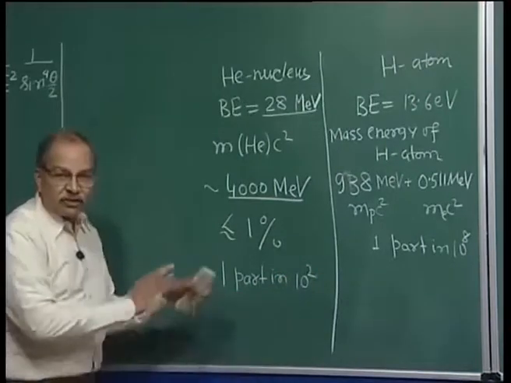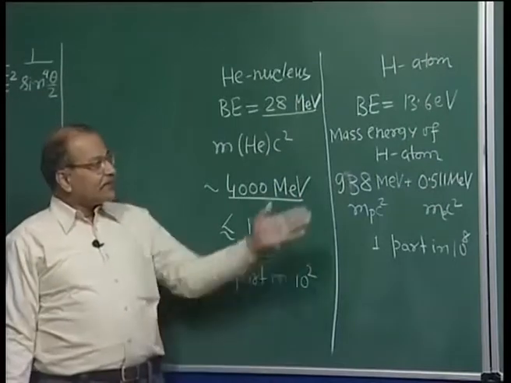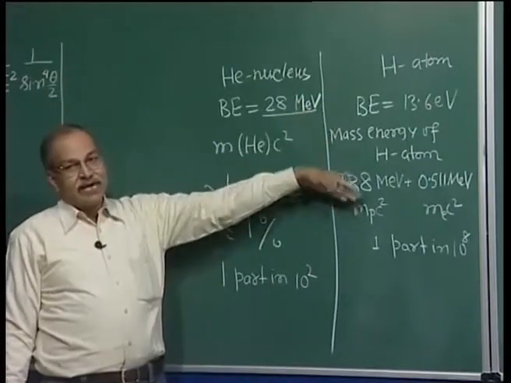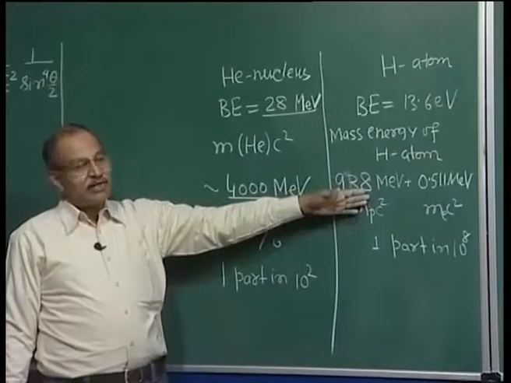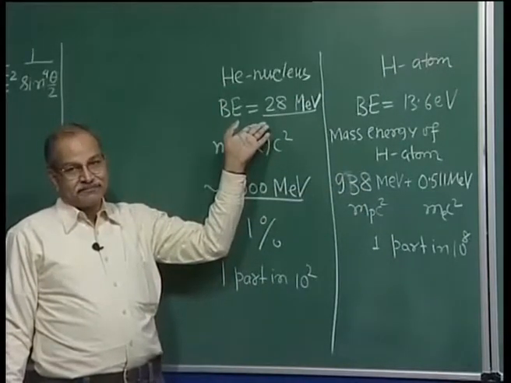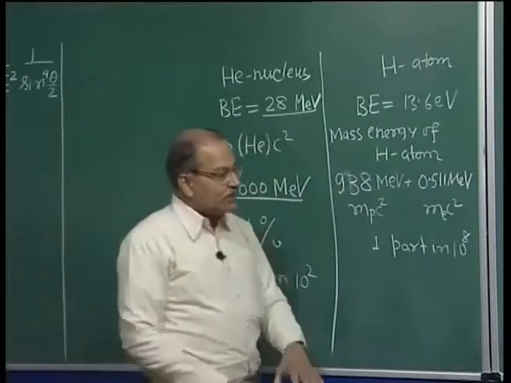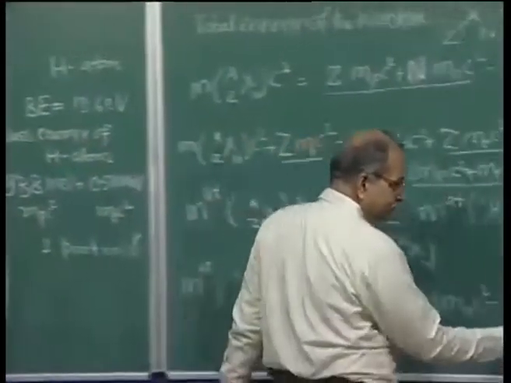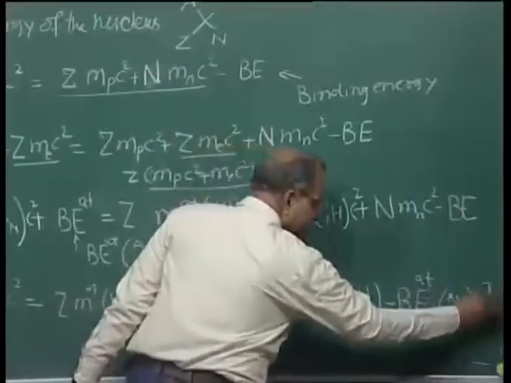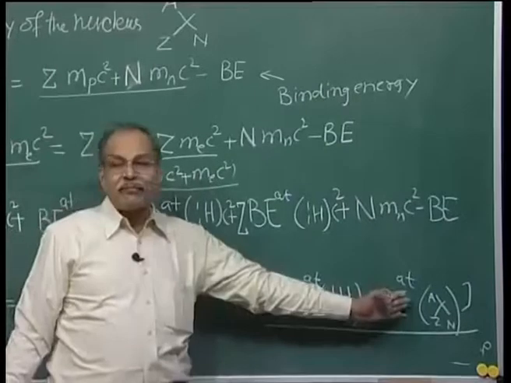I am doing the order of magnitude calculations, just to get an idea that atomic binding energies are much smaller as compared to the nuclear binding energies. Fine. So, now look at this last term here, this part. Both of them are atomic binding energies.